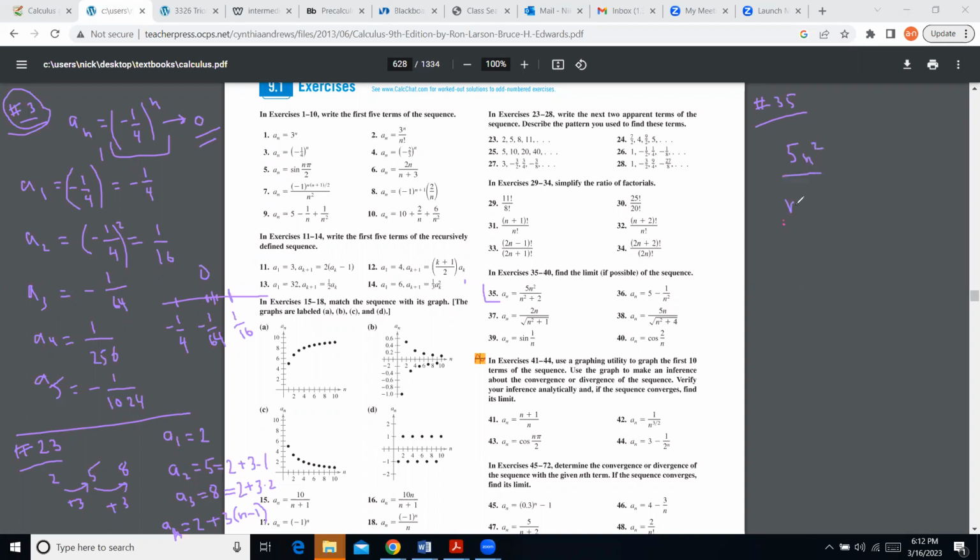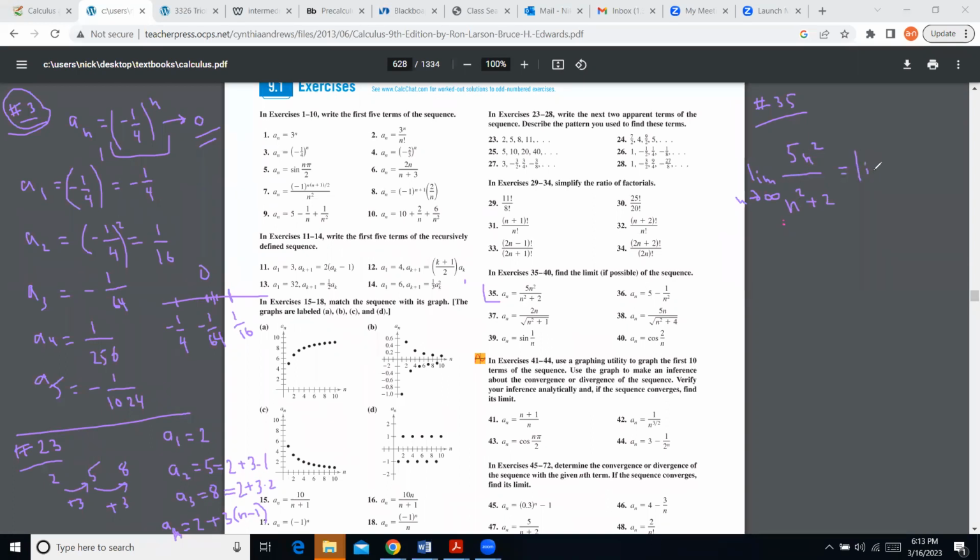So it's nice to have the nth term in this case done. And when I take a limit of this particular exercise, looks like it's going to be 5, right? The reason it's 5, you can use L'Hopital's rule, or you can see that if you divide the top and the bottom by n squared, you will get to 5.